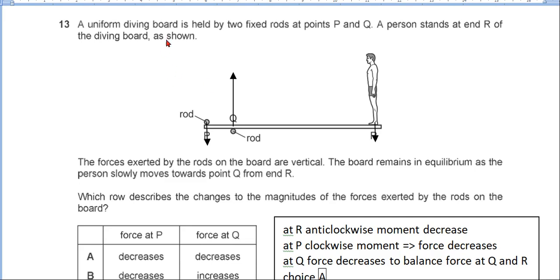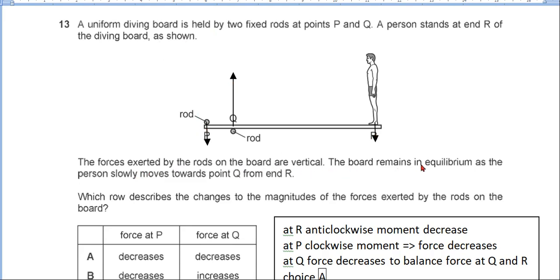A uniform diving board is held by two fixed rods at points P and Q. A person stands at the end R of the diving board as shown. I have drawn here additional arrows to represent forces. The forces exerted by the rod on the board are vertical.